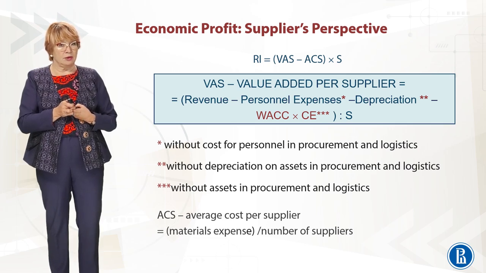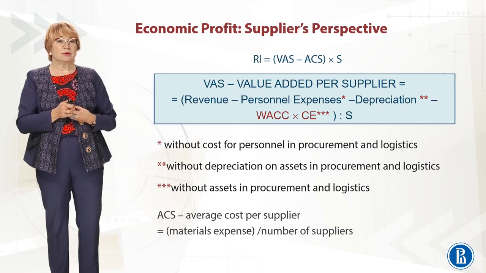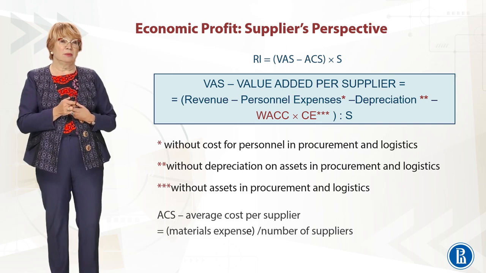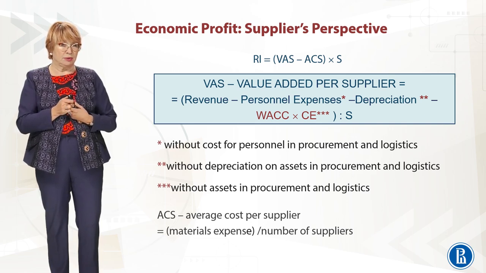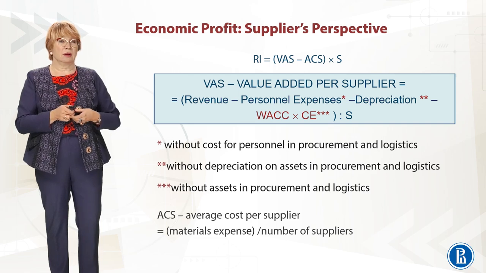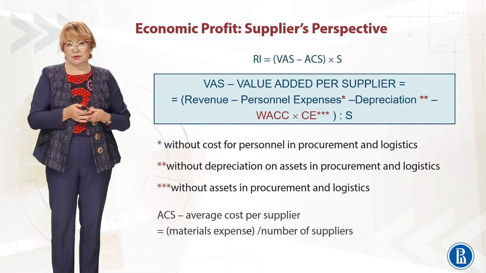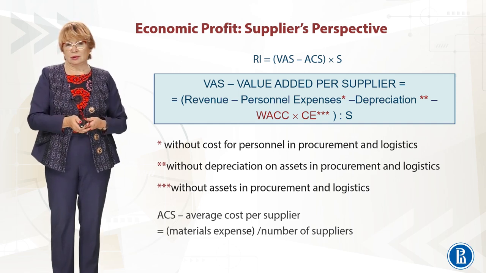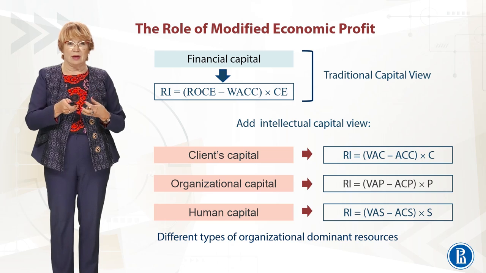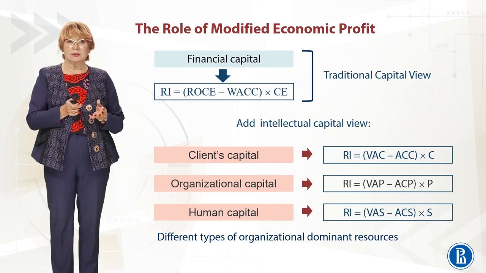But when we compare value added per supplier with the average cost per supplier, it's the second representation of economic spread for the company, which really depends on the supplier perspective on the costs per each supplier. And again, we need positive spreads here to be sure that the economic profit already produced is really positive.